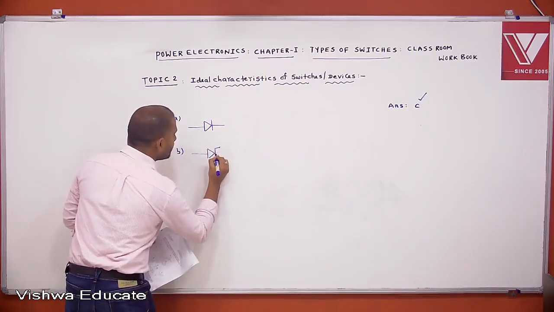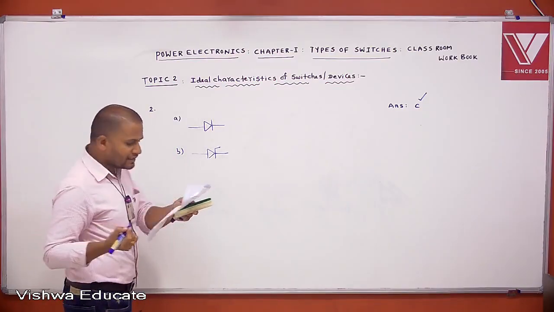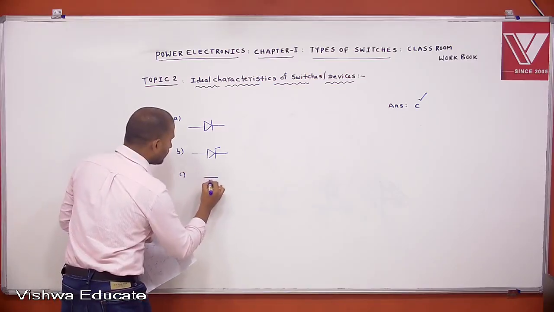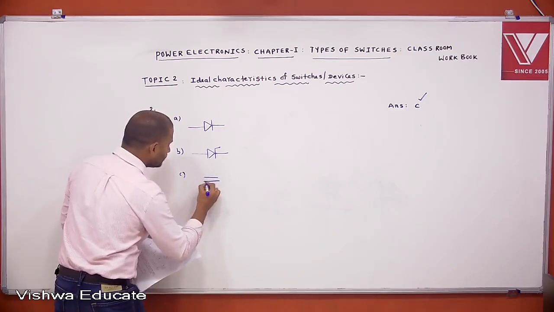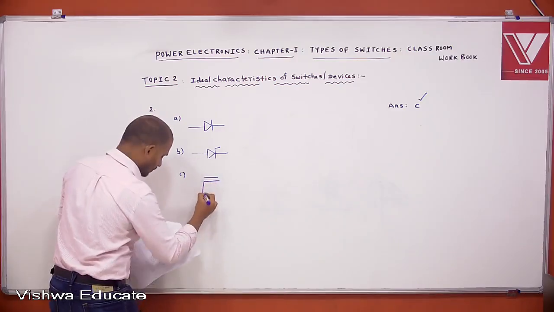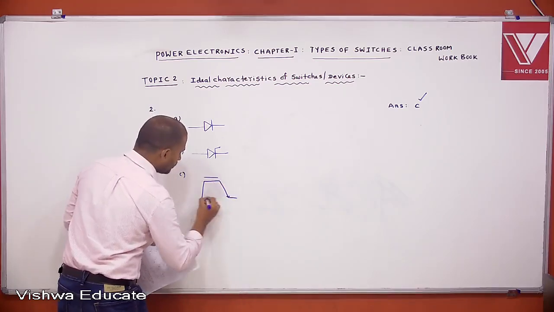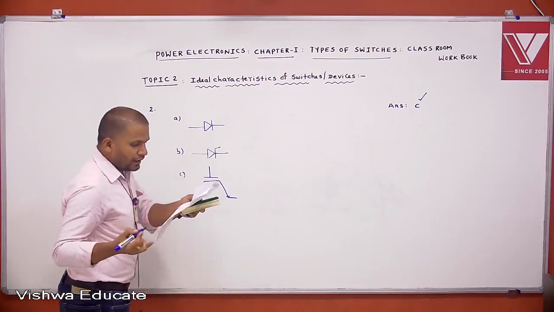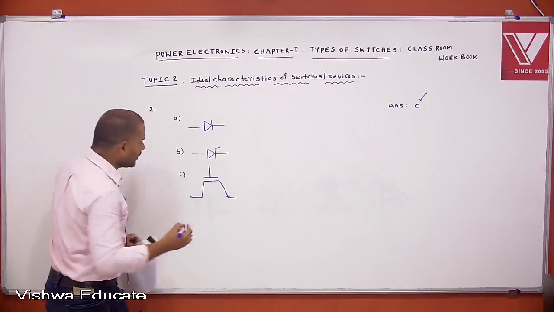Third one, C, is IGBT. D is IGBT with anti-parallel diode.